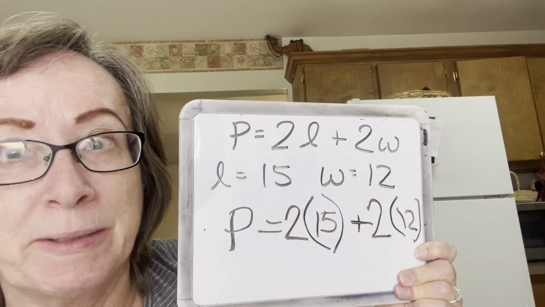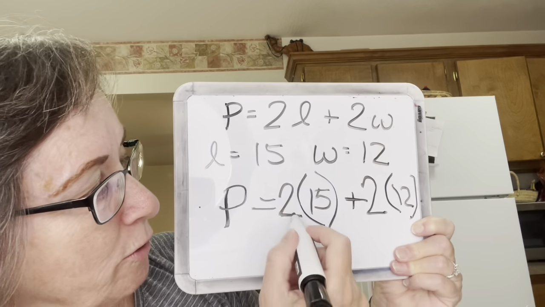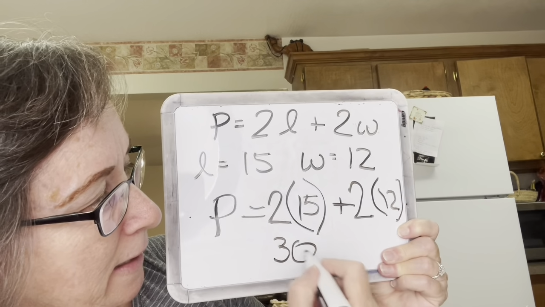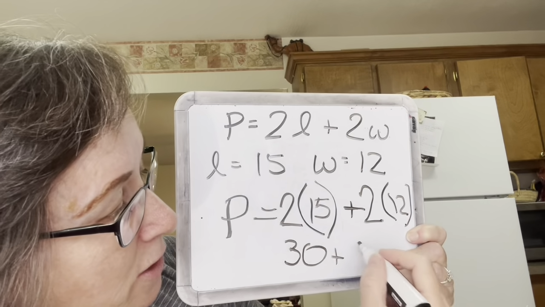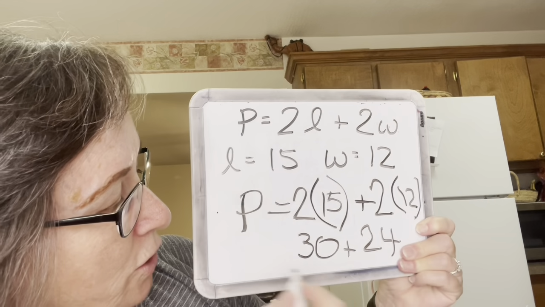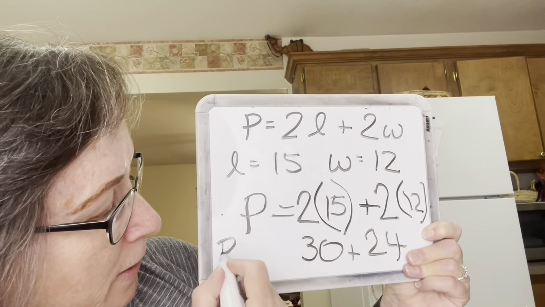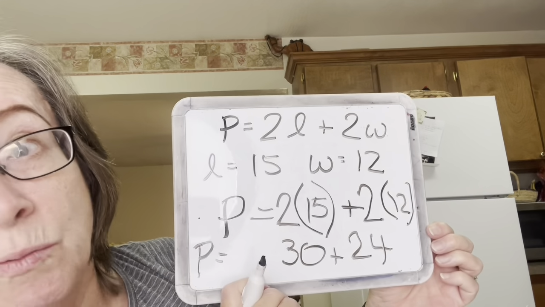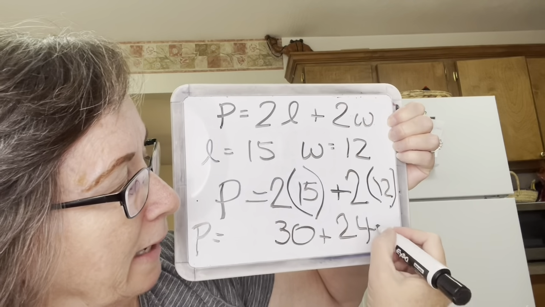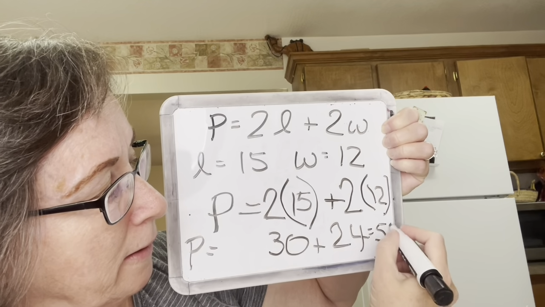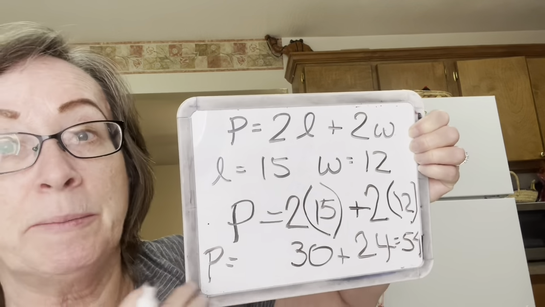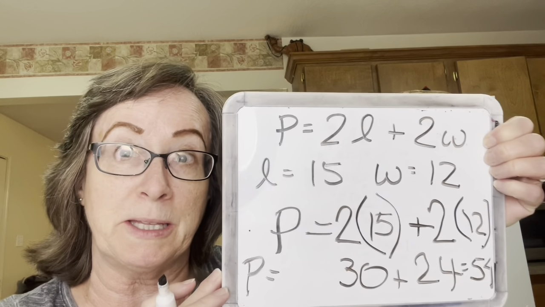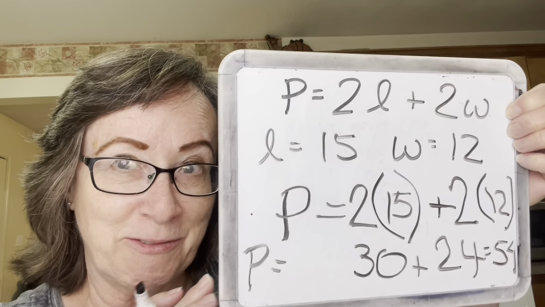That's what we mean when we say evaluate. So 2 times 15 is 30, plus 2 times 12 is 24. So wouldn't the perimeter equal 30 plus 24, which would be 54, okay? So 54, in this case it was centimeters, 54 centimeters would be the perimeter of that rectangle.